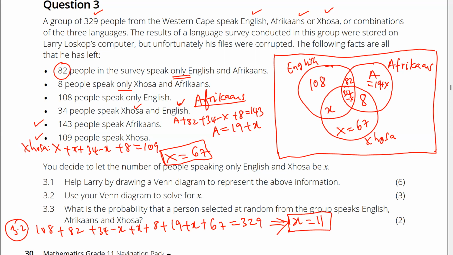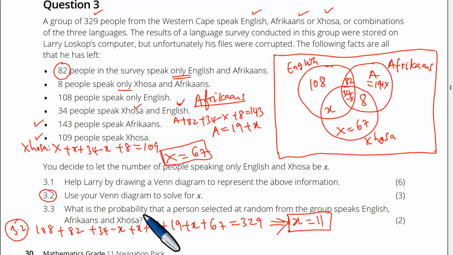Use your Venn diagram to solve for X. So X is 11.